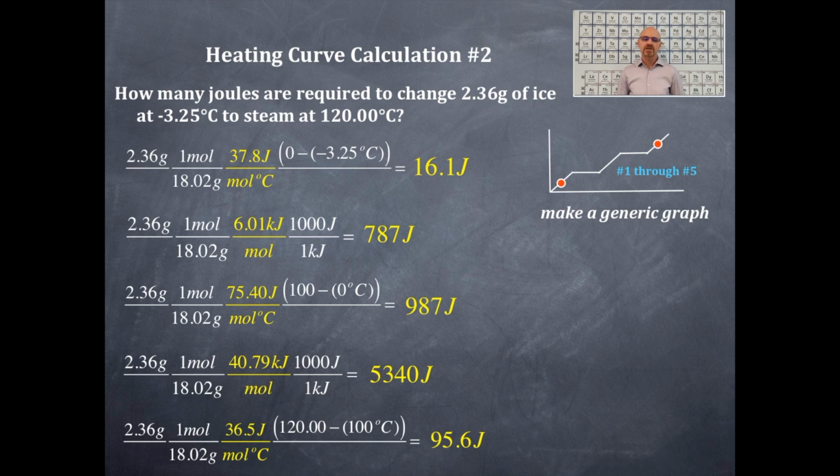Notice that all these values in the yellow there that I solved for the heat are in joules, and therefore we're going to add up all these values, and then we're going to round to the least precise measurement. The least precise measurement is with step number 4. In the ones column, that 0 for 5,340 does not count.